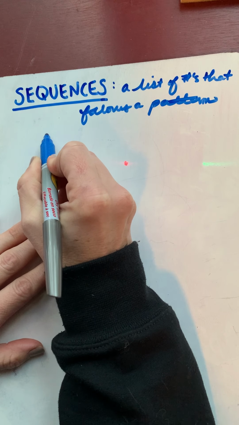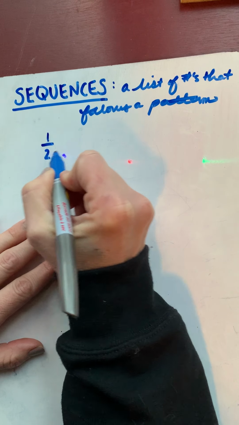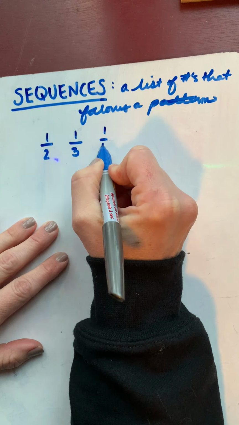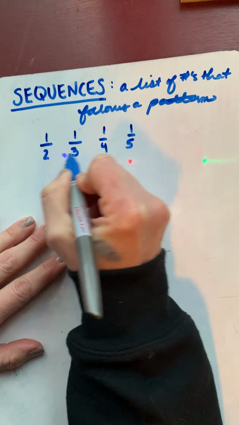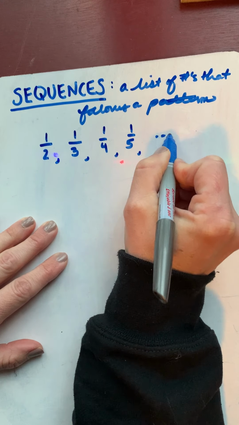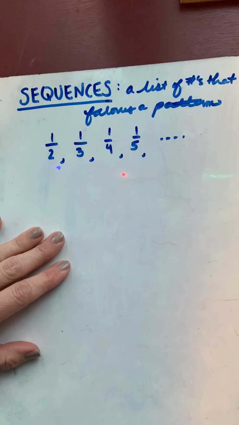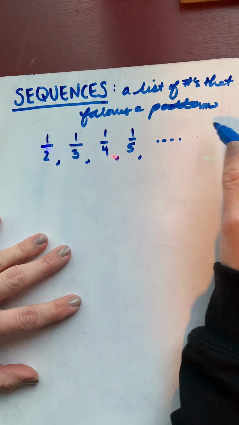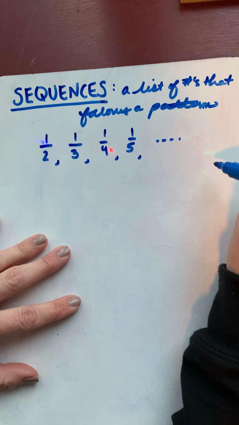One of the ones that we study a lot is this sequence: 1/2, 1/3, 1/4, 1/5, and so on. It follows a pattern. The denominators increase by 1.